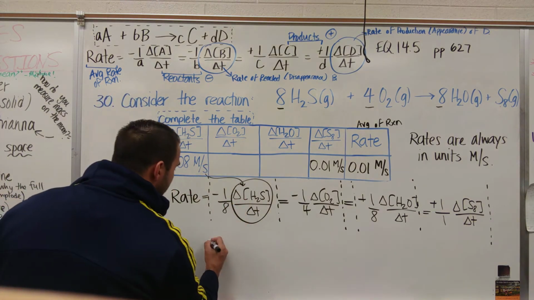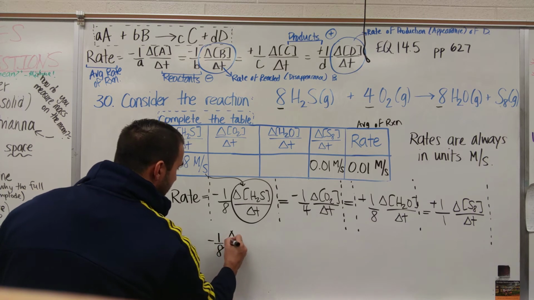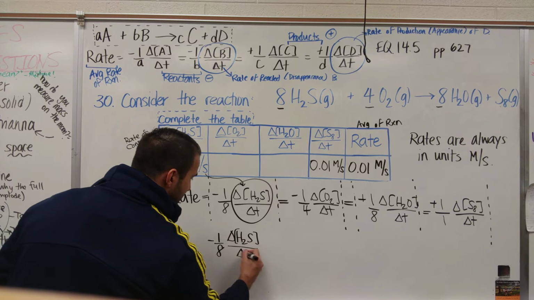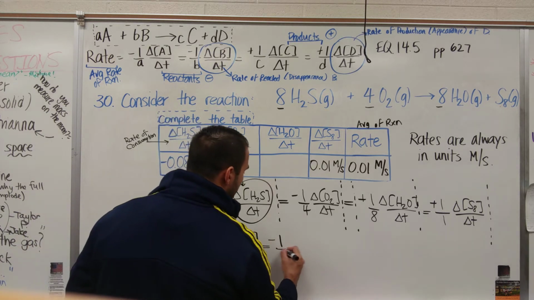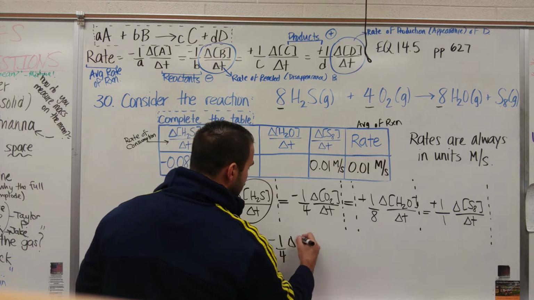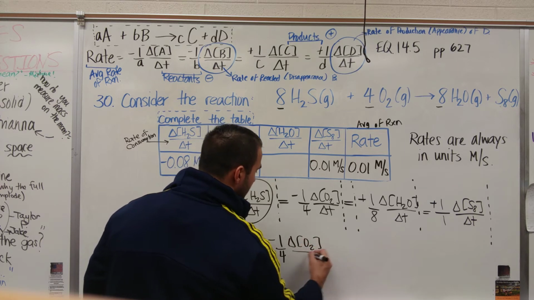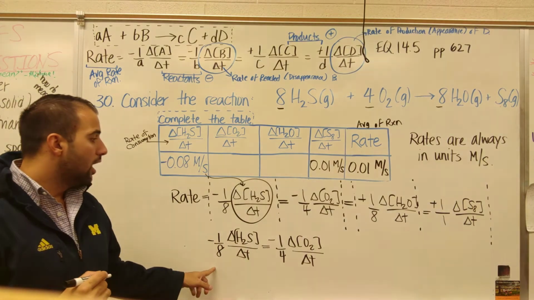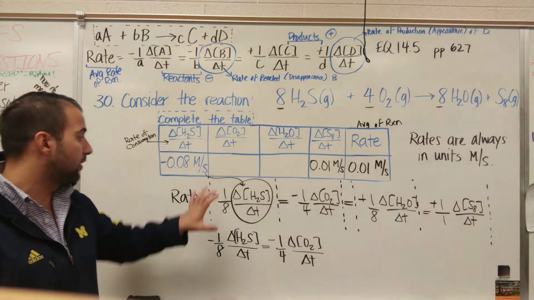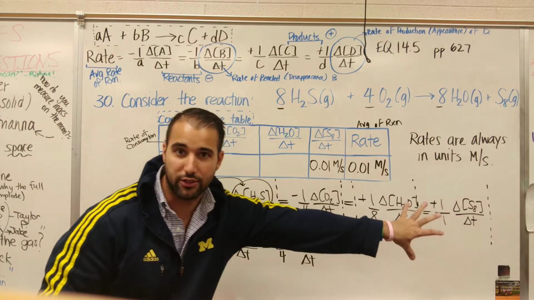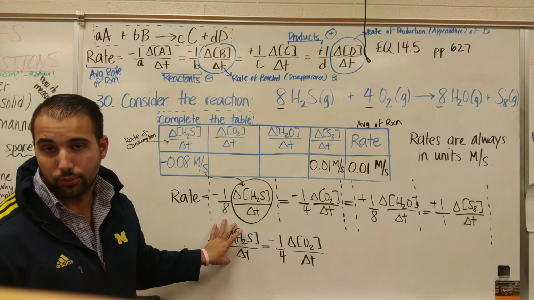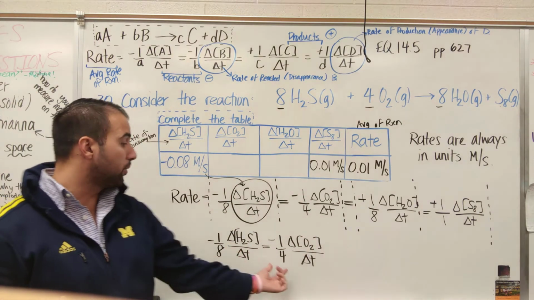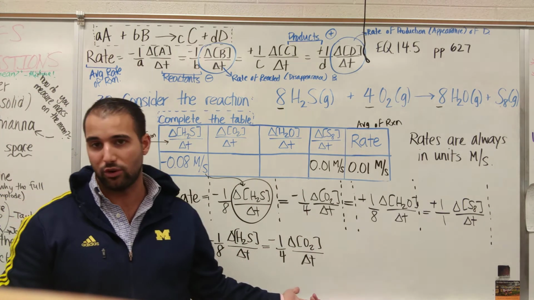So I'm going to say negative 1/8 times the change in H2S concentration over the change in T is equal to negative 1/4 times the change in O2 over the change in T. I'm setting these two equal to each other. These are all equal to each other. And this quantity equals 0.01, and this quantity equals 0.01, when multiplied by negative 1/8 or negative 1/4.